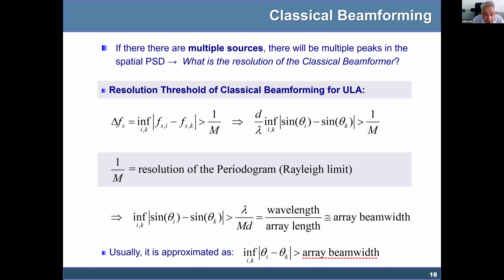So the question is, what is the resolution of the classical beamformer? Remember, the classical beamformer is the equivalent of the Bartlett method. The Bartlett method is the average periodogram. Averaging has the goal to reduce the variance in the estimate, but the resolution of the periodogram, I hope you remember, is the reciprocal of the sample size.